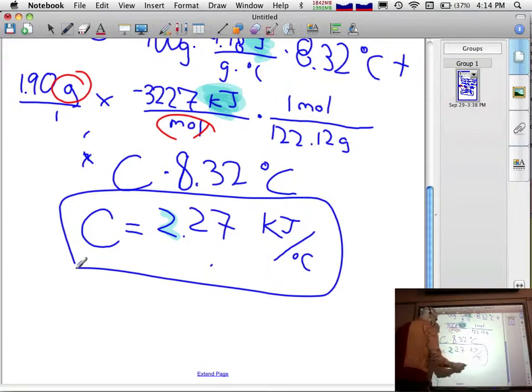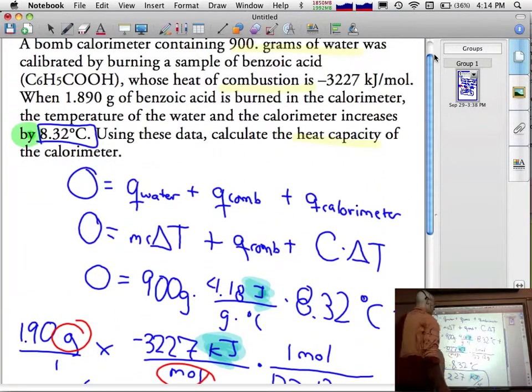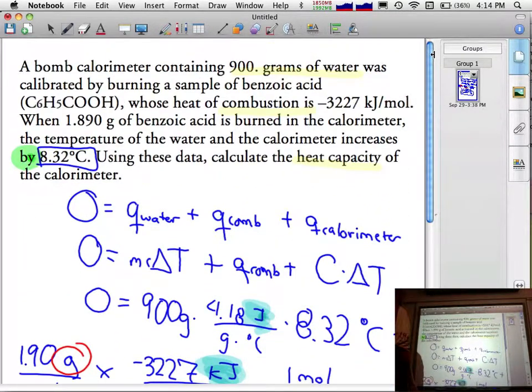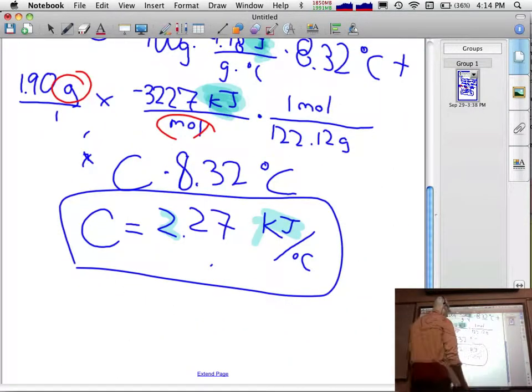And notice, again, just to beat on a dead horse, kilojoules, not joules, because I decided to turn this up here into kilojoules. Quick sig fig check. Yep, it makes sense to have 3 sig figs for this problem. So there it is.